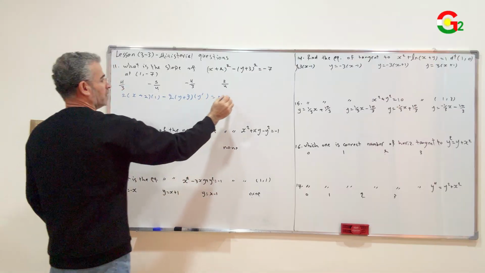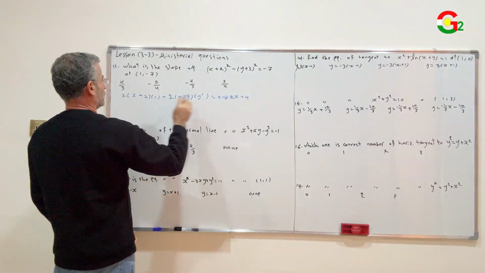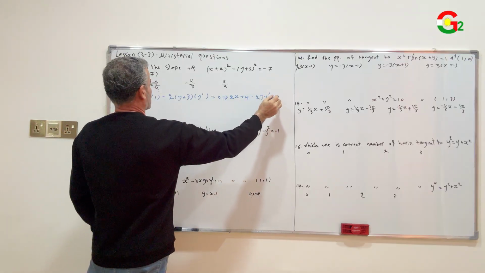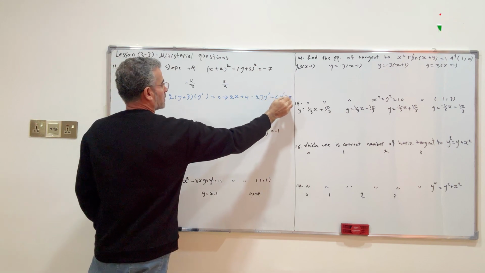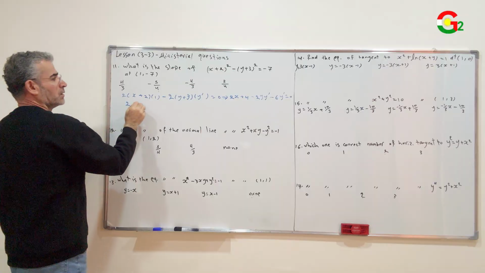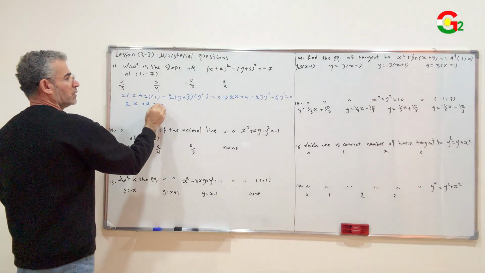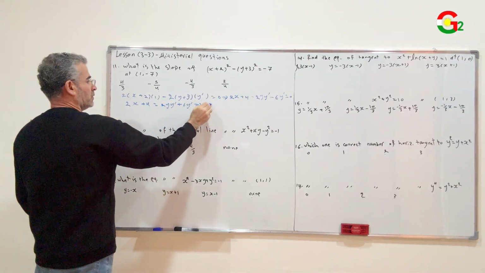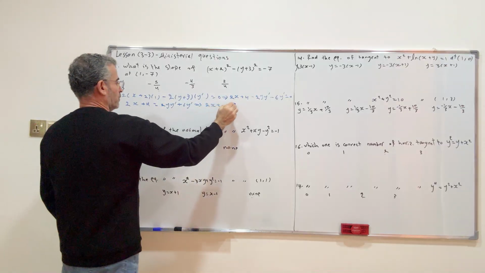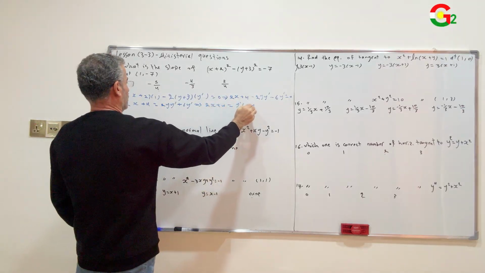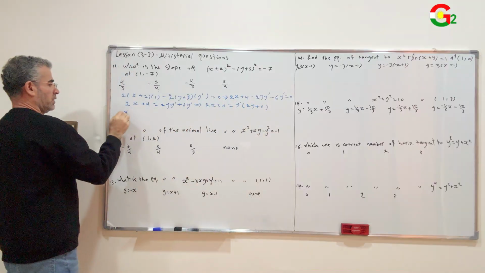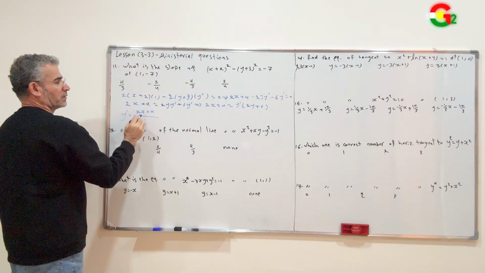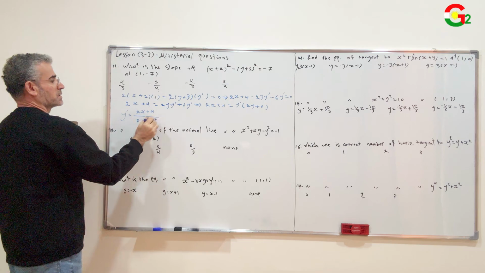Then simplify: 2x plus 4 minus 2y prime minus 6y prime equals 0. Then 2x plus 4 equals 2y prime plus 6y prime. Then 2x plus 4 equals y prime times 2y plus 6. Then y prime equals 2x plus 4 over 2y plus 6.